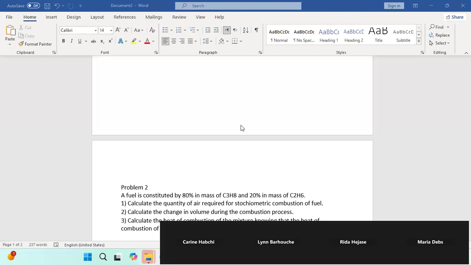We were discussing the second method to determine the quantity of air required for stoichiometric combustion of fuel.